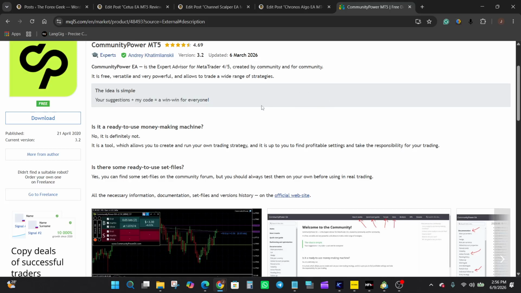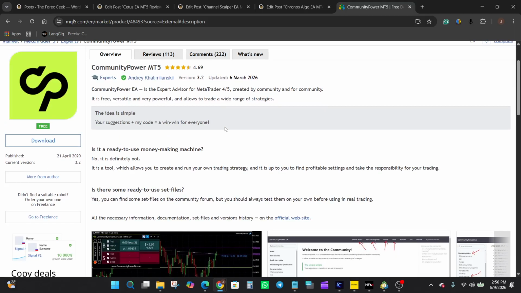One important clarification I see directly in the description is that this is not a ready-made money-making system. It's explicitly stated that it is a tool and the responsibility for strategy development, settings, and optimization is on the user. That's a key point because it immediately sets expectations.